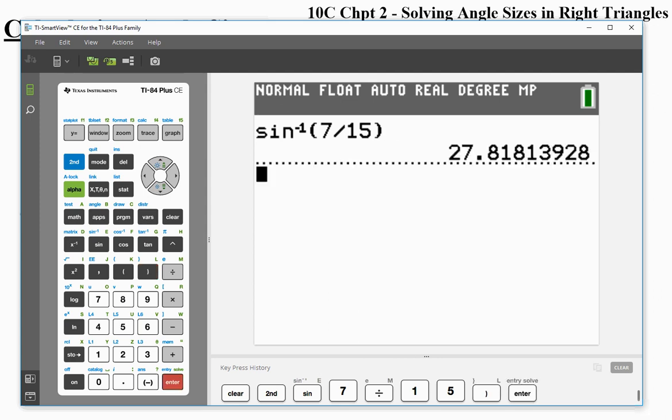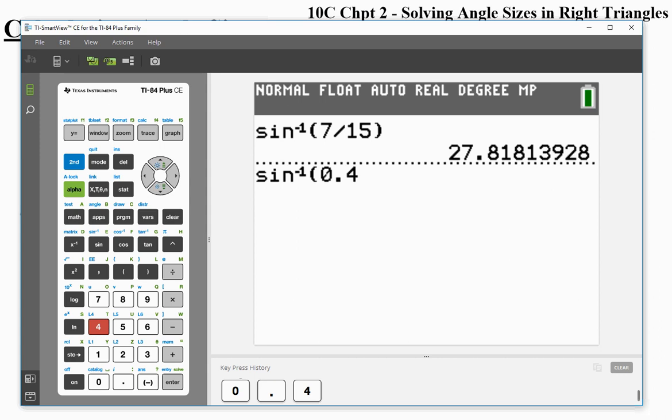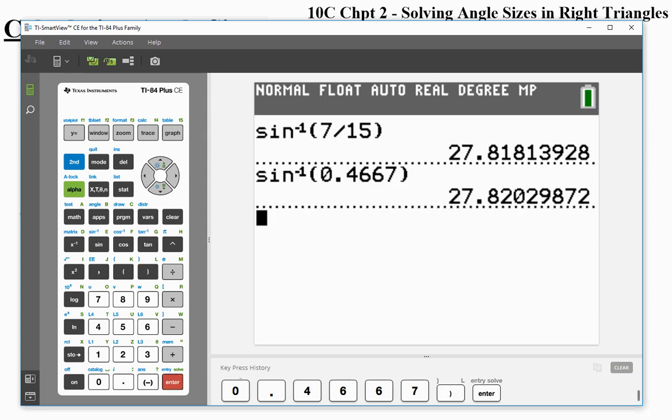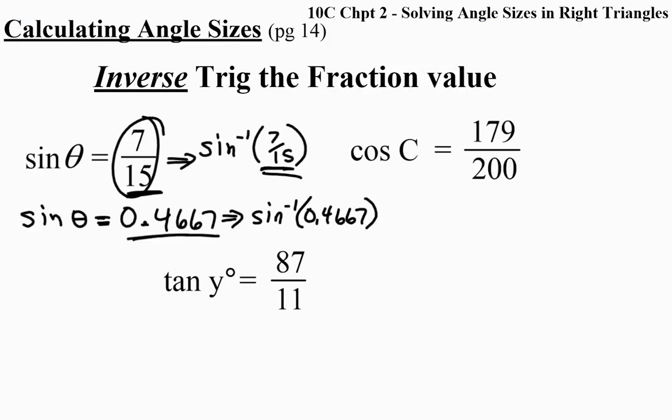I get 27.81 and so on, a 28-degree angle. If I do the inverse sine of the decimal equivalent of 7 divided by 15, I get the same sized angle. The smaller decimal values are different because 0.4667 is rounded, but we can see it's very close. And how big is the angle? 28 degrees. So both of those work. In this situation, theta is 28 degrees.